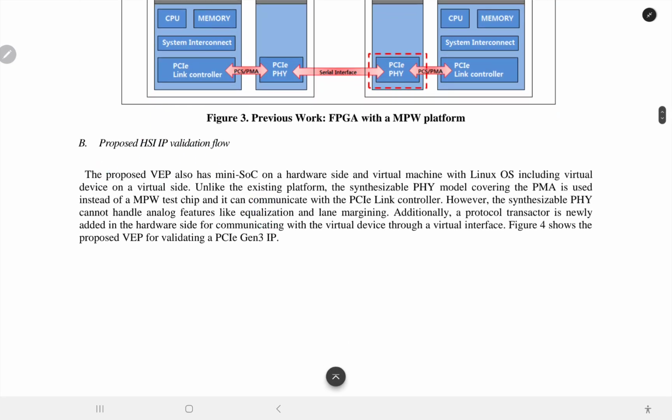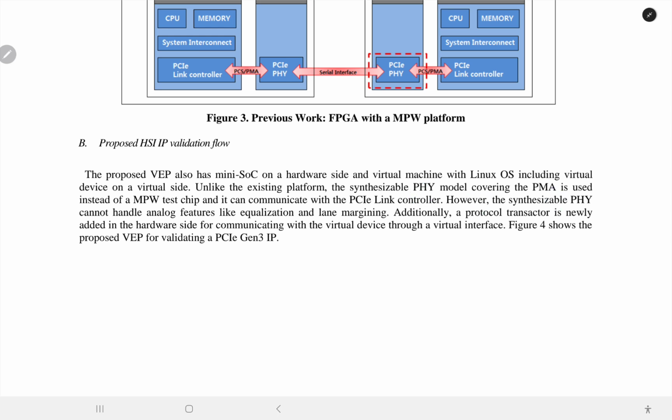The proposed VP also has a mini SoC on the hardware side and a virtual machine with a Linux OS, including a virtual device, on the virtual side. Unlike the existing platform, a synthesizable PHY model covering the PMA is used instead of an MPW test chip, and it can communicate with the PCIe link controller.